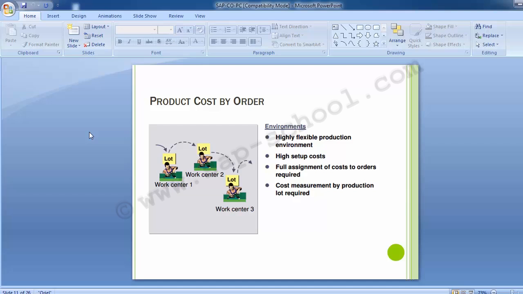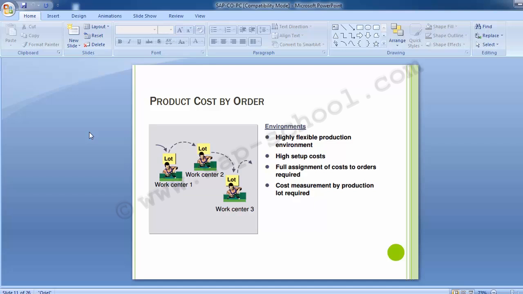In product cost by order, cost is analyzed at the level of manufacturing orders, how many orders they have received for manufacturing. Product cost by order is used with make to stock production and sales order related production.